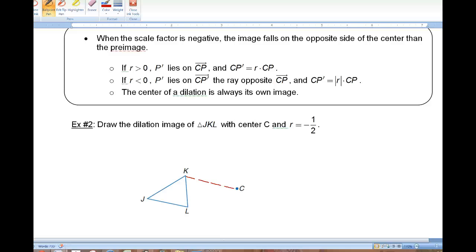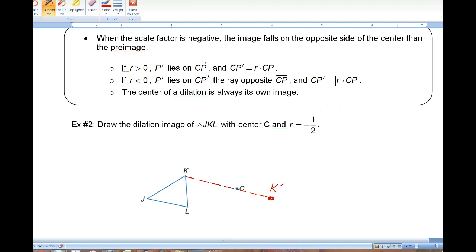If this was a little over an inch, then you'll go a little bit over half an inch more. Does that make sense? Just continue the dotted line. Since this dilation is 1/2, we want to make this about half the length of this one. And this point is going to be K prime.